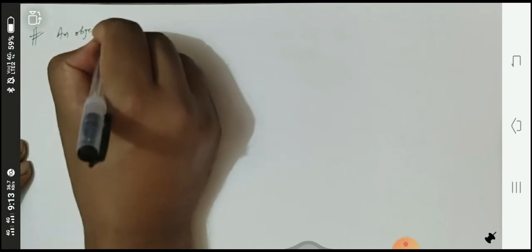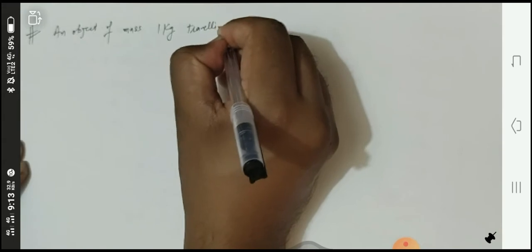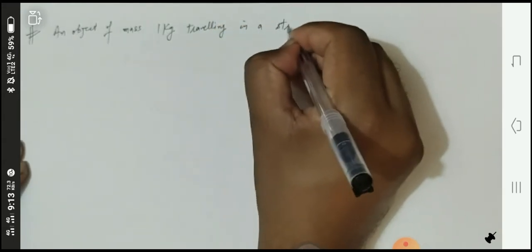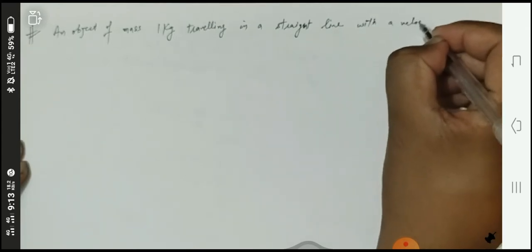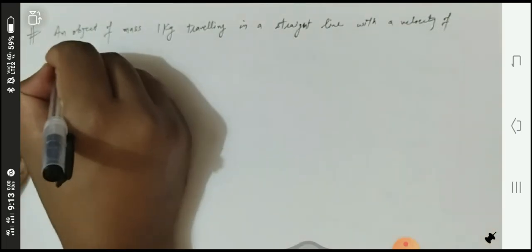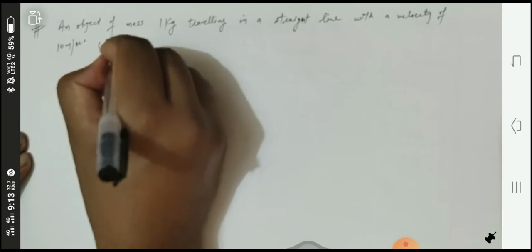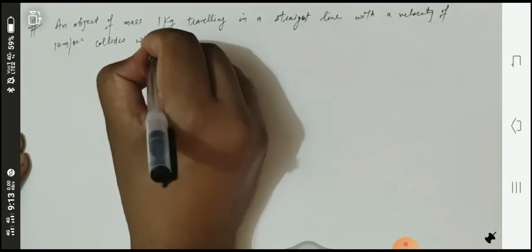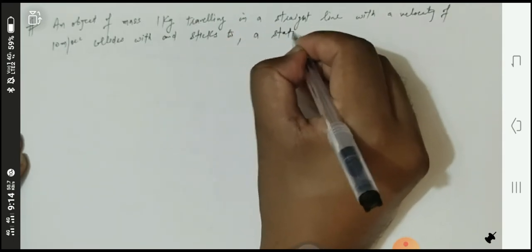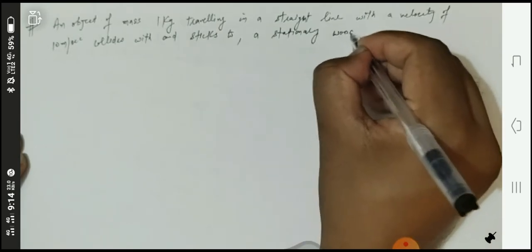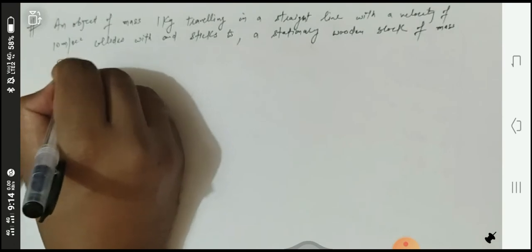An object of mass 1 kg traveling in a straight line with a velocity of 10 meter per second collides with and sticks to a stationary wooden block of mass 5 kilogram. Then they both move off together in the same straight line.